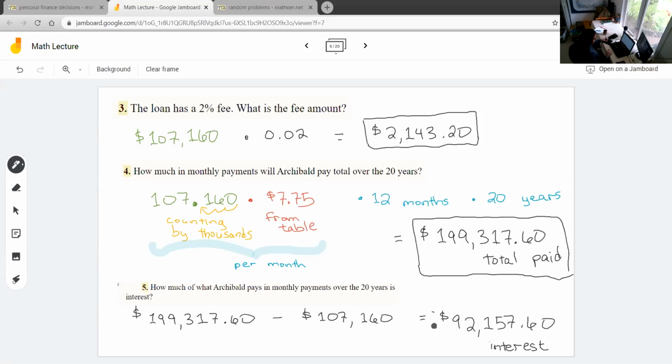I don't think we've done a 20-year loan problem before. So how does the interest amount compare to the loan amount for 20 years? Here's our interest. Here's the loan size.